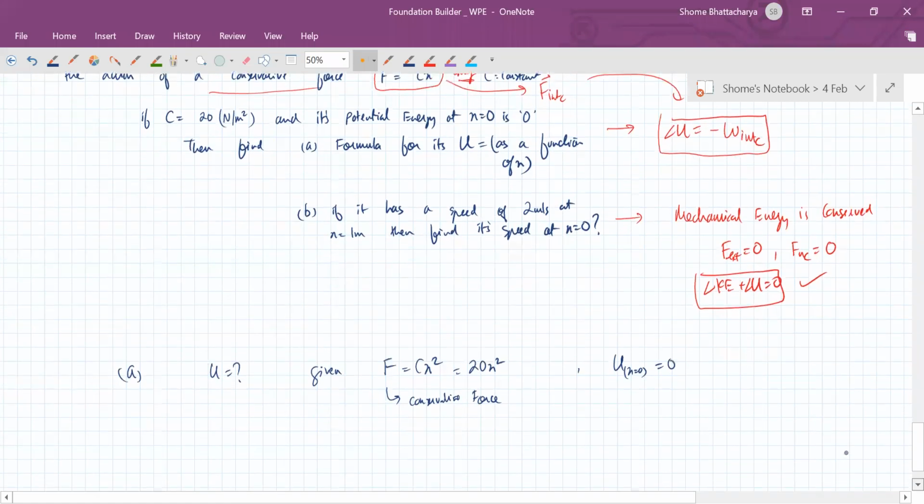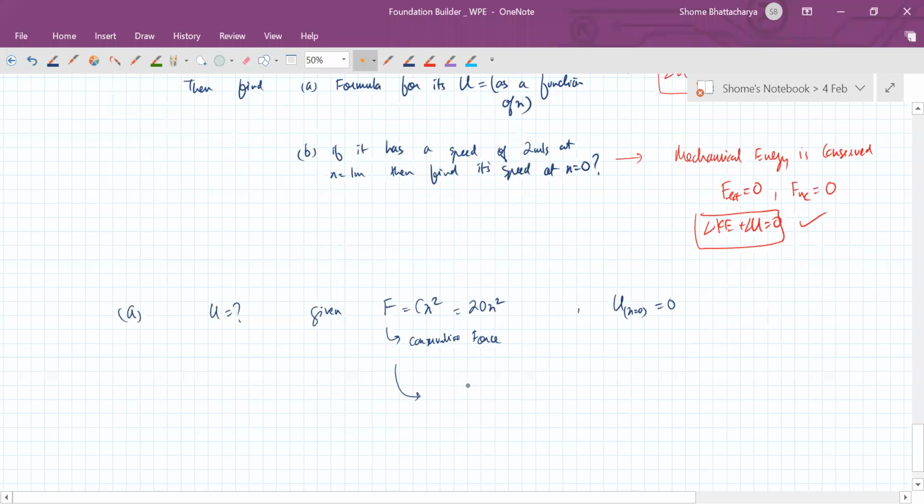So using this, we will find the formula for delta U as the negative of work done by the internal conservative force. It's a one-dimensional system, so this becomes minus integral of F dx, that is minus of 20x squared dx.